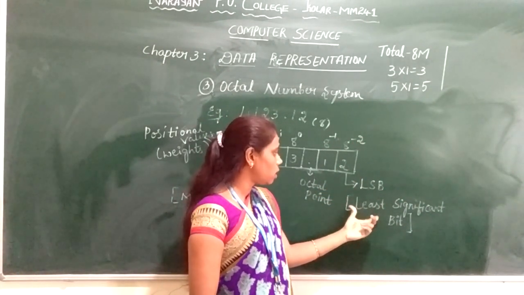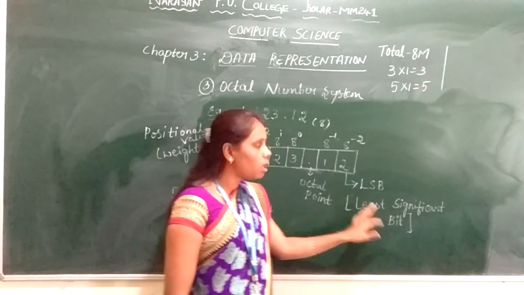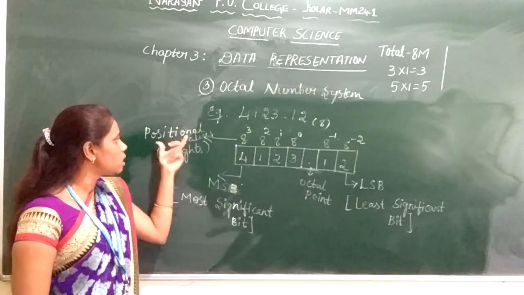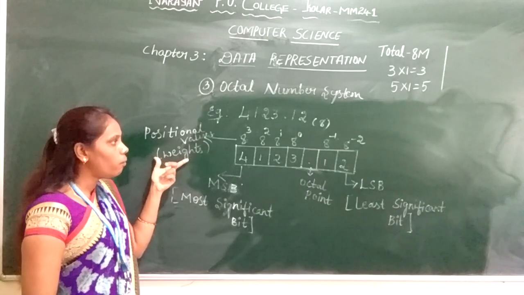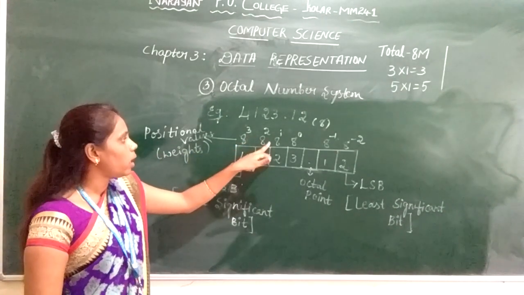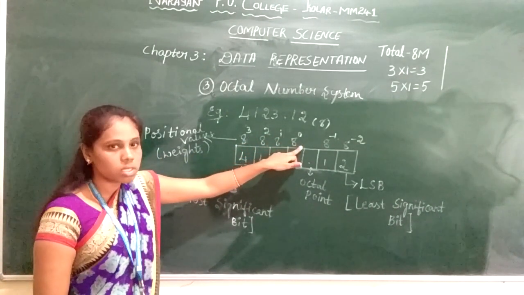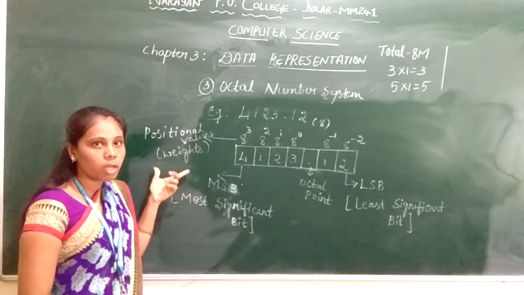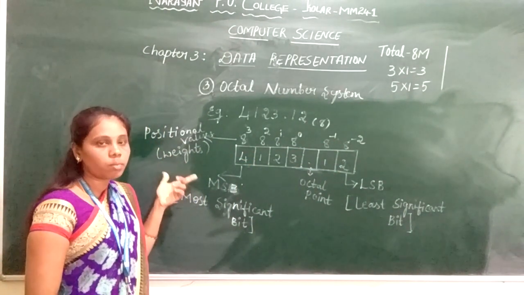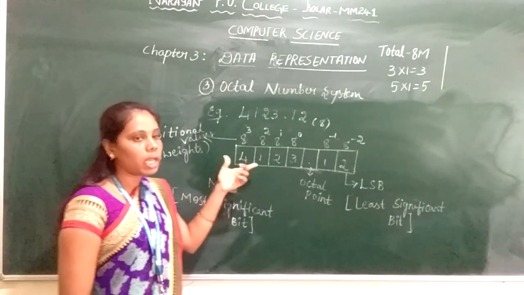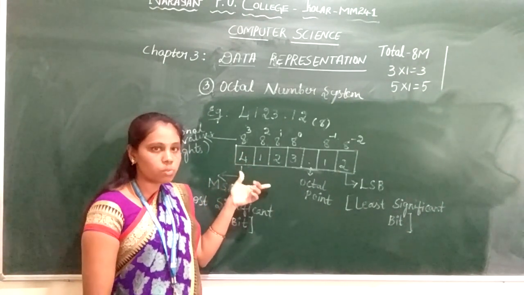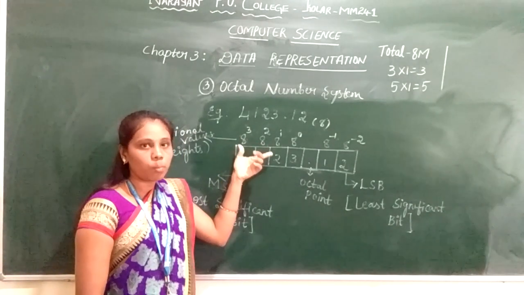These values we call positional values or weights. So 8 power cube, 8 square, 8 power 1, 8 power 0 and 8 power minus 1, minus 2 we call positional values. In any number system, each and every digit will have its own specific positional value with respect to the given powers.